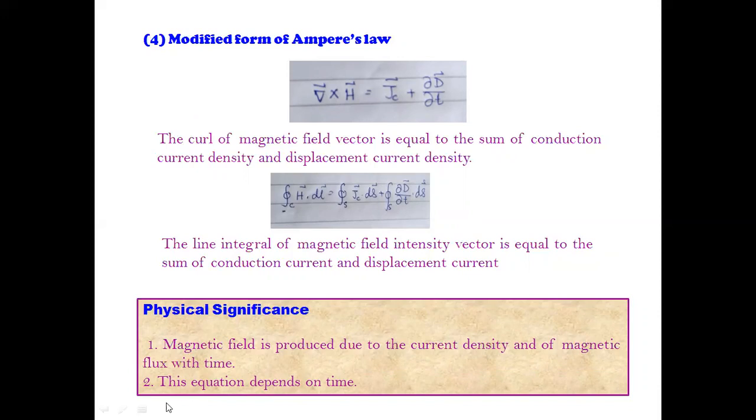The physical significance is that a magnetic field is produced due to the current density and the change of electric flux with time, and this equation also depends on time. So the first two are time independent, but the third and fourth are time dependent equations. So in this video we covered dielectric material and Maxwell's equations.